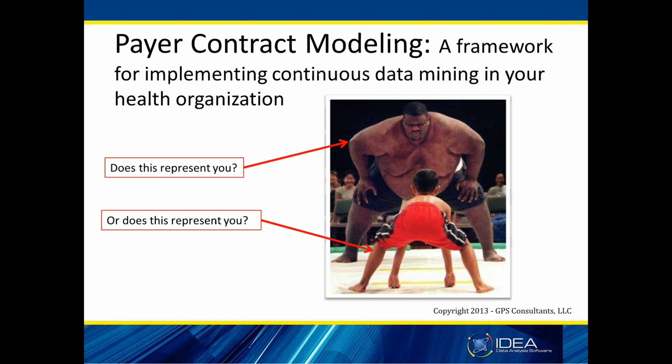Okay. So now I'm going to get into the payer contract modeling. This is the framework that I've kind of developed. It's a way of using IDEA as a tool to look and see if our payers are paying us out of contract. And it's not just their payment, it's really an allowable check.